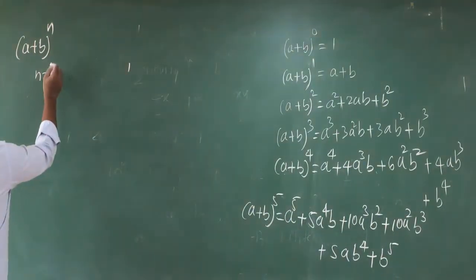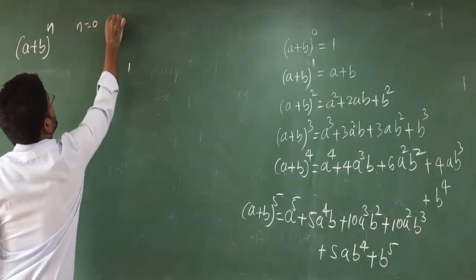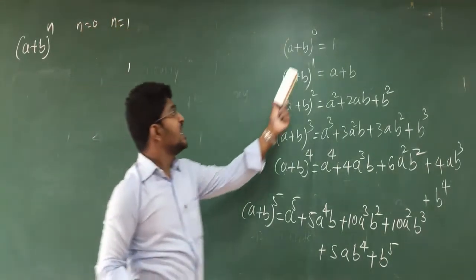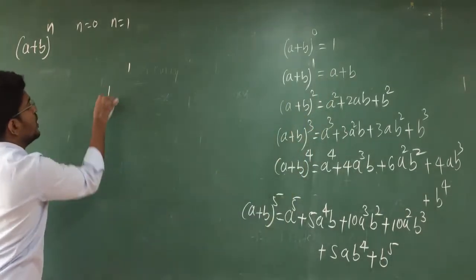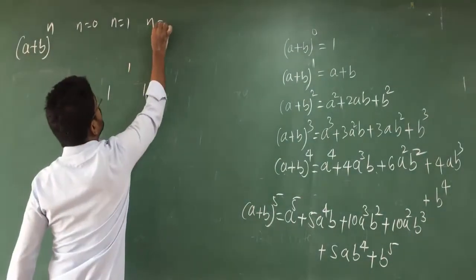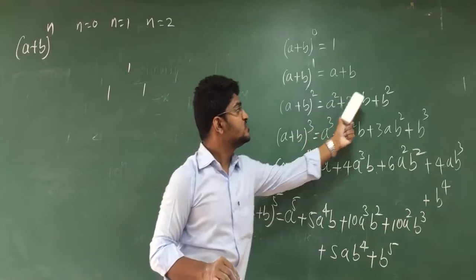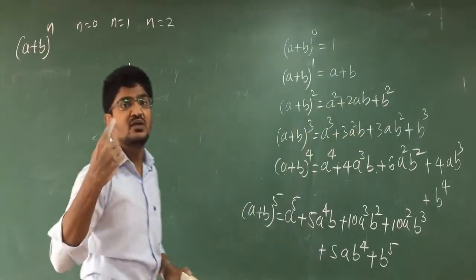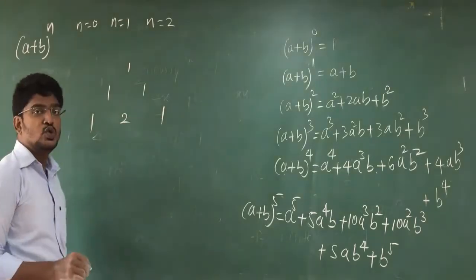Clear? Next, at n equal to 1, you have 1 and 1. So I will write 1 and 1. Clear? At n equal to 2, see this expansion, last two terms are 1, middle term is 2.